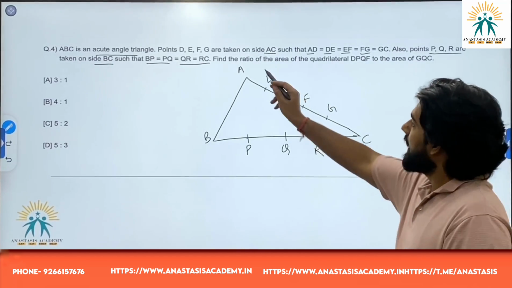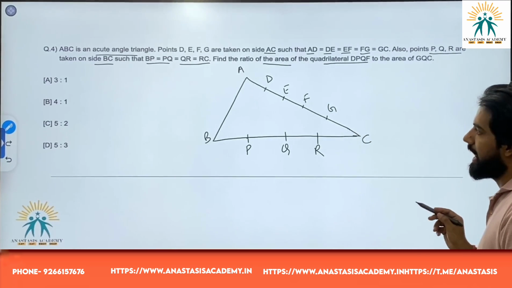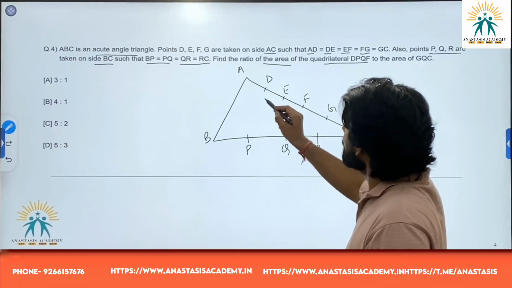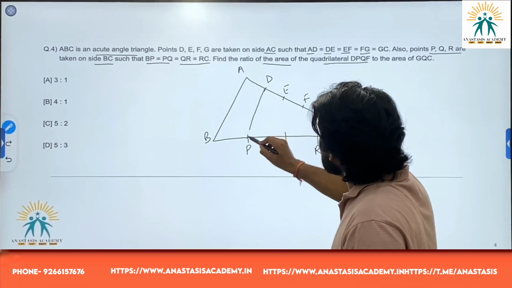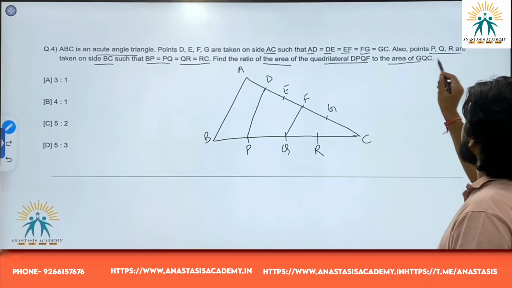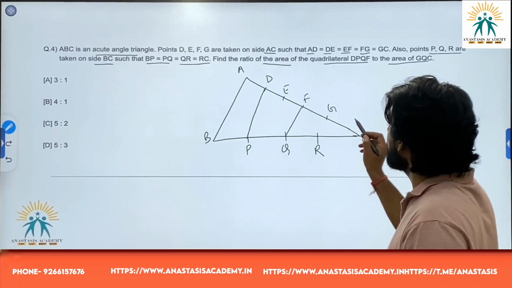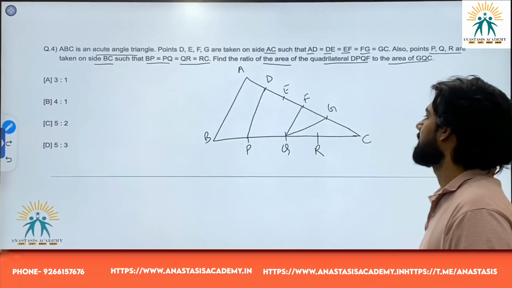Now, find the ratio of area of quadrilateral DPQF to the area of triangle GQC.